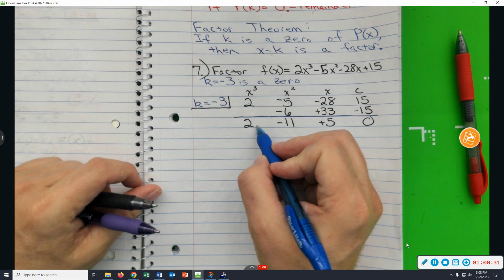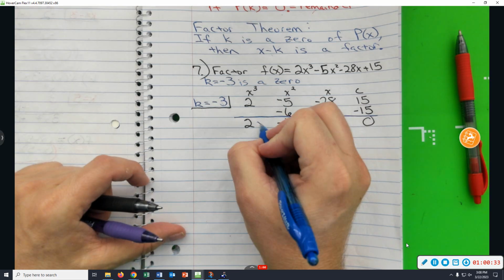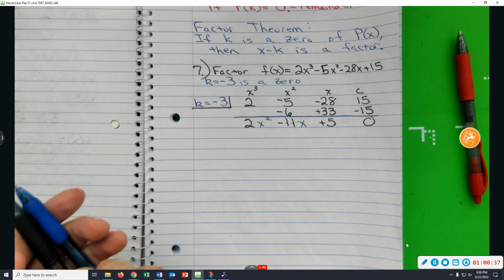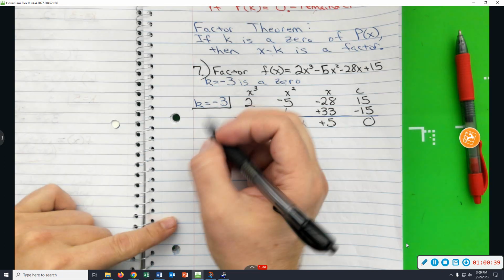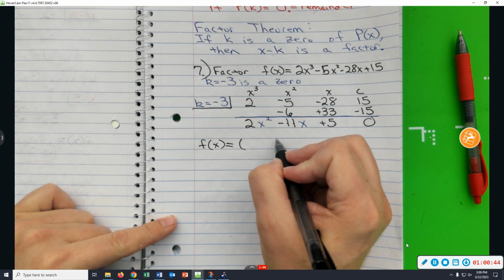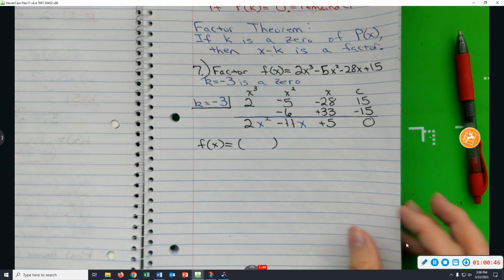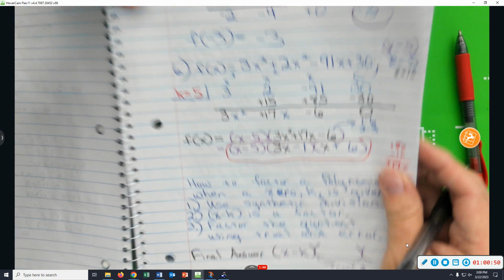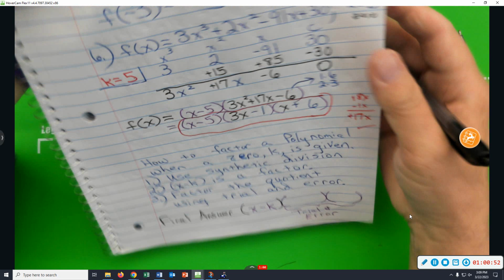So, the variable part here. And an x. We're trying to factor f of x, which means write it as a product. Where's my little sequence of steps, your little recipe? Here it is.